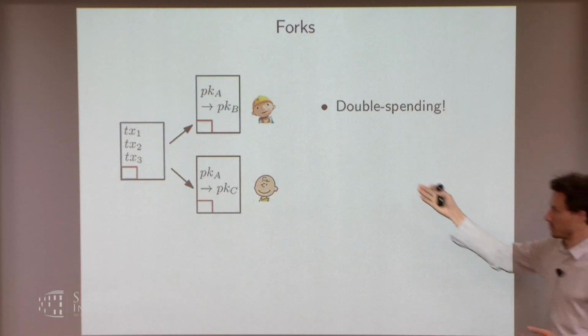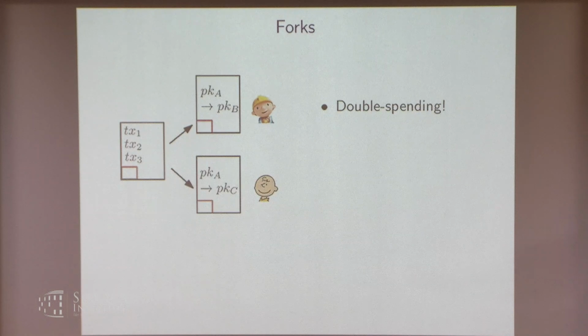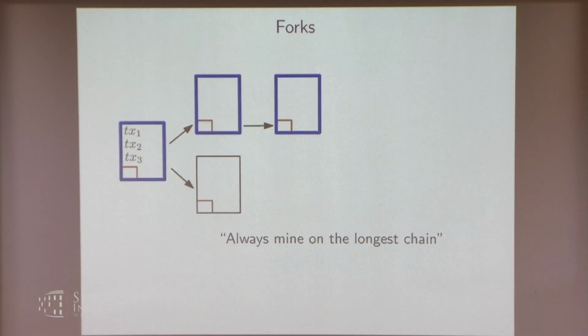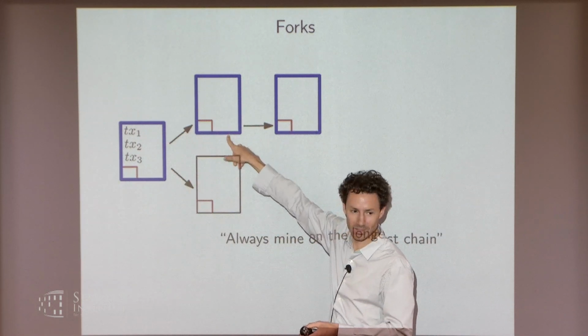What happens if you see 2 blocks? Then the protocol just says accept whatever you saw first. That's a specification. There's no reason, if by chance they are completely disjoint, to add them both. The problem would be that you want the chain where every block has the hash of the previous.